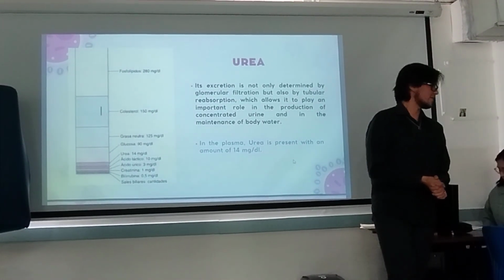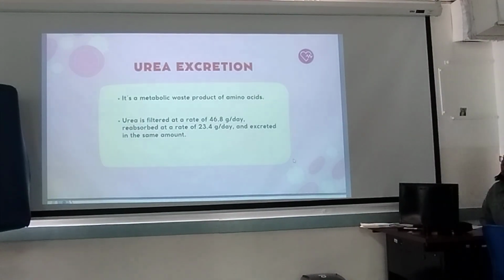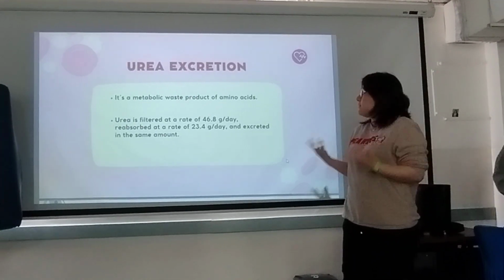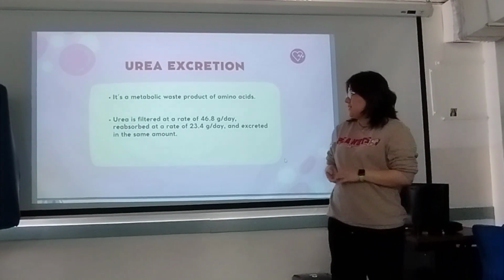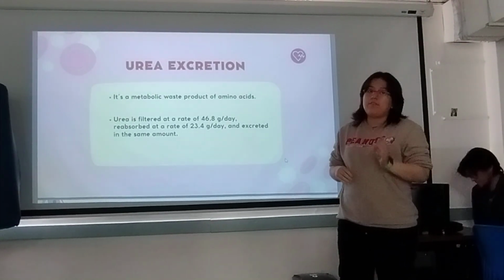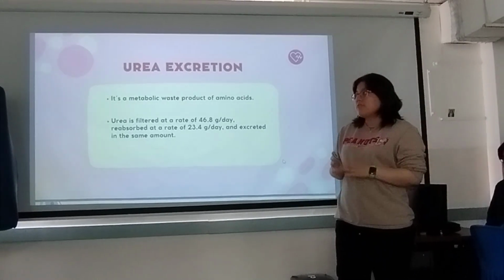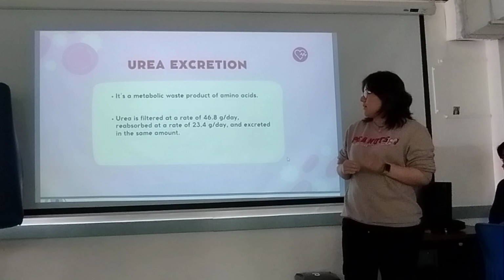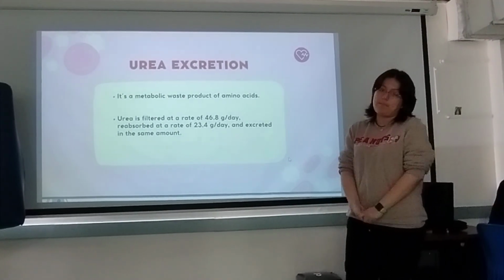Next one. Now we have urea excretion. We have to know it's a metabolic waste of amino acids. Urea is filtered at a rate of 46.8 grams per day and reabsorbed at a rate of 23.4 grams per day and is created in the same amount.